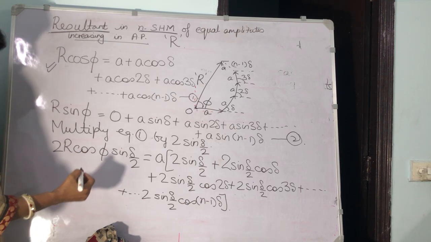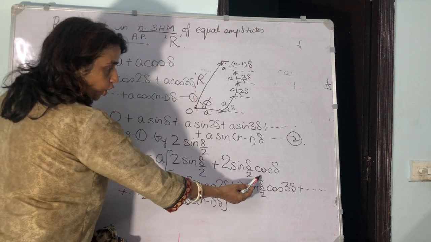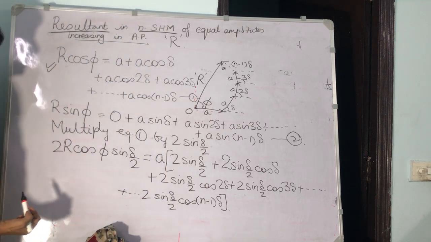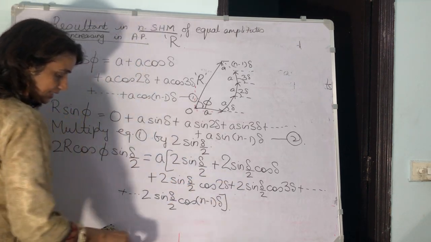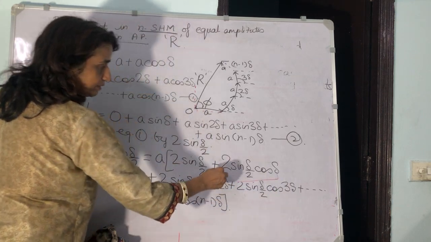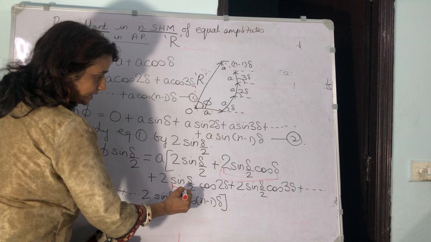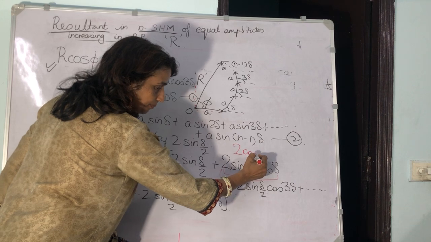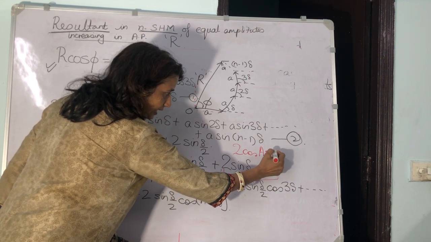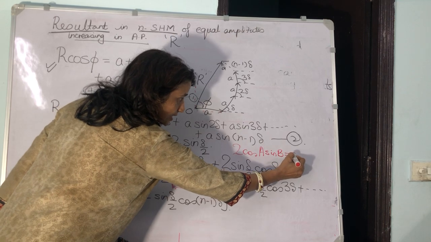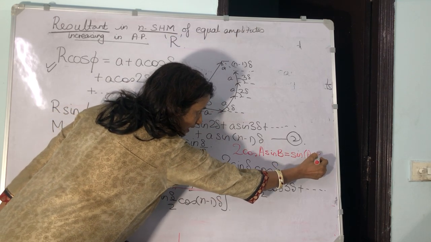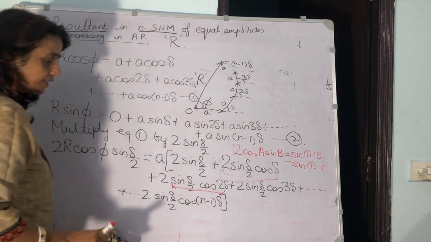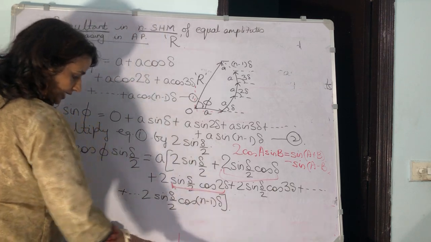Now we will use the formula 2 cos A sin B is equal to sin A plus B minus sin A minus B. For these terms, our formula will be 2 cos A sin B is equal to sin A plus B minus sin A minus B. We will use this formula to simplify our expression further.